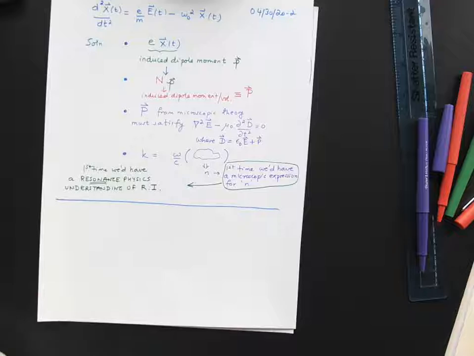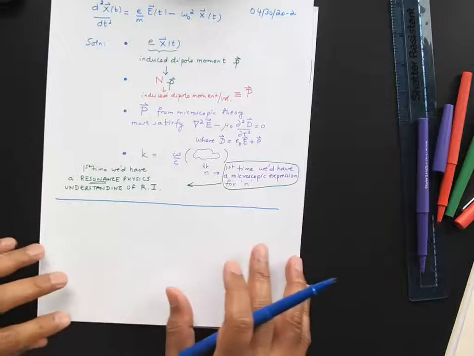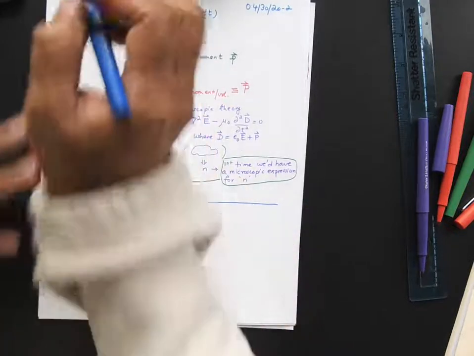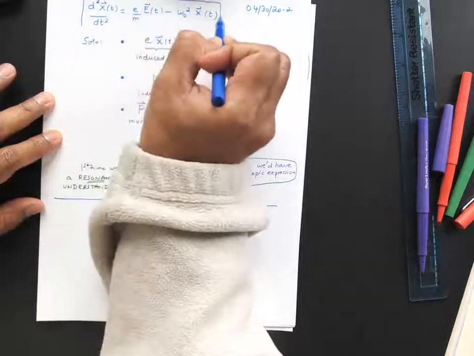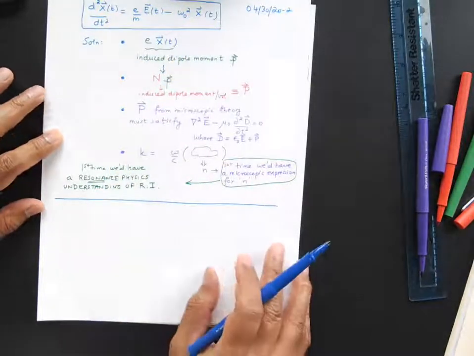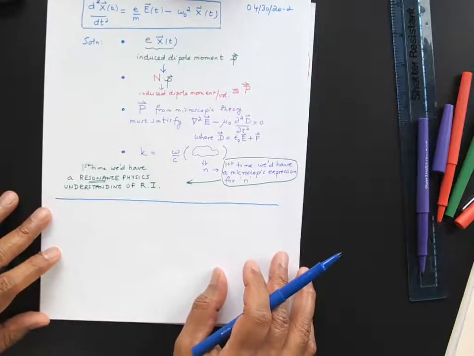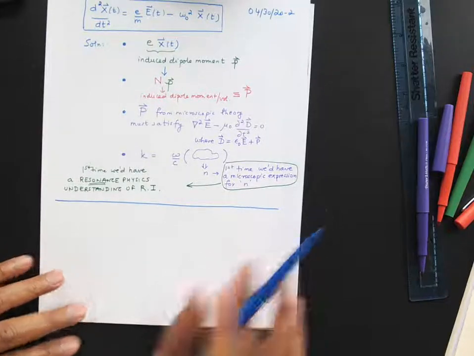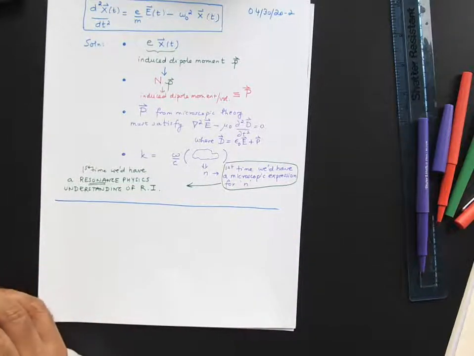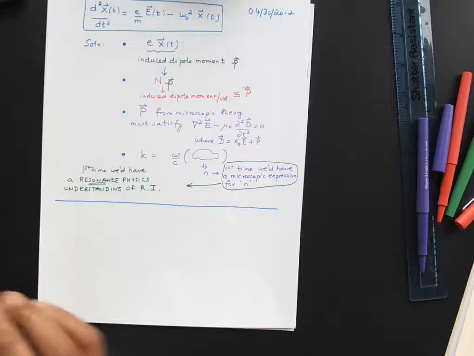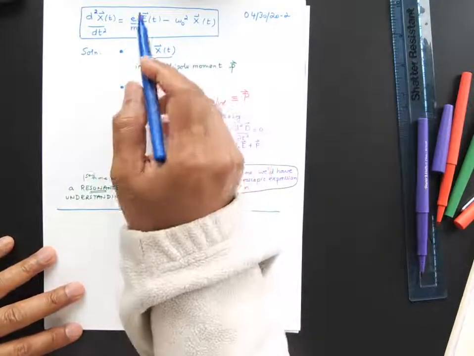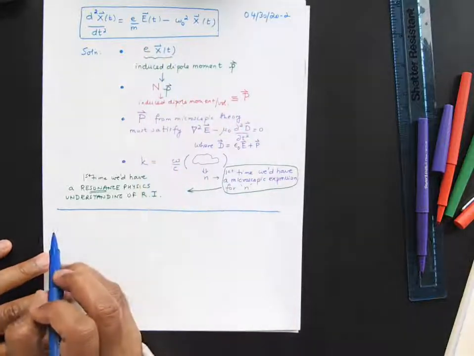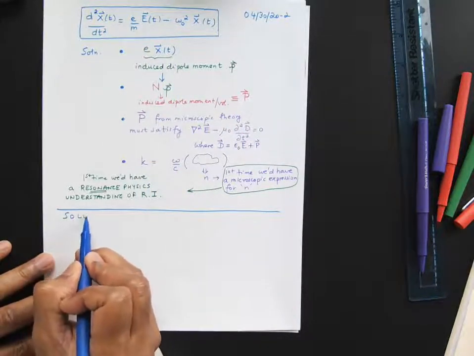I will continue. Okay, so let's see. This is going to be an easy one to solve. Here's the equation, and you look at it, and you realize that if there were no driving field, right? So I'm going to solve it now. Solution.